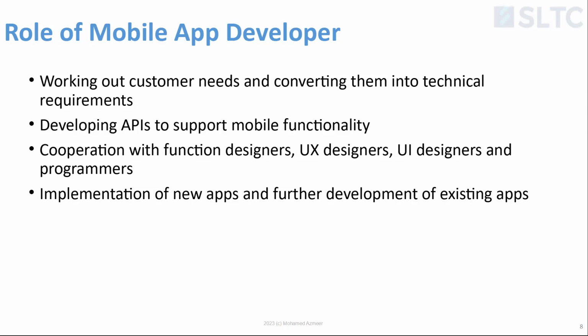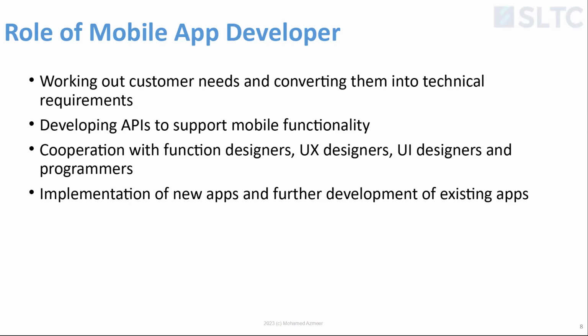And then after you do all that, you need to do something called deployment. You need to submit that into an app store. There are two app stores, one for Apple, another one for Android. And then you may also need to keep updating. The apps that we are using, very frequently we get updates, right? So that's something we also need to keep in mind.